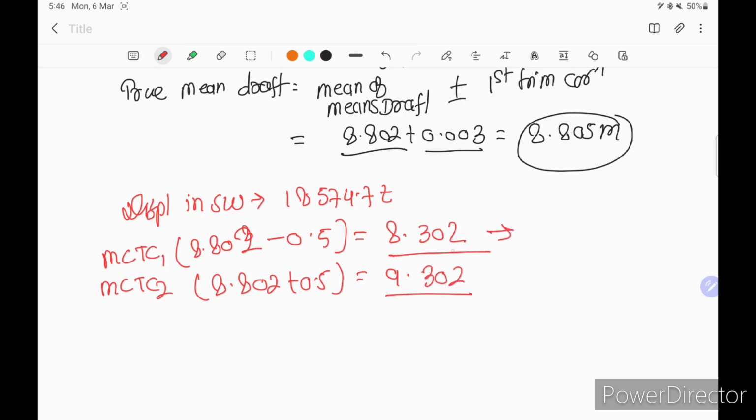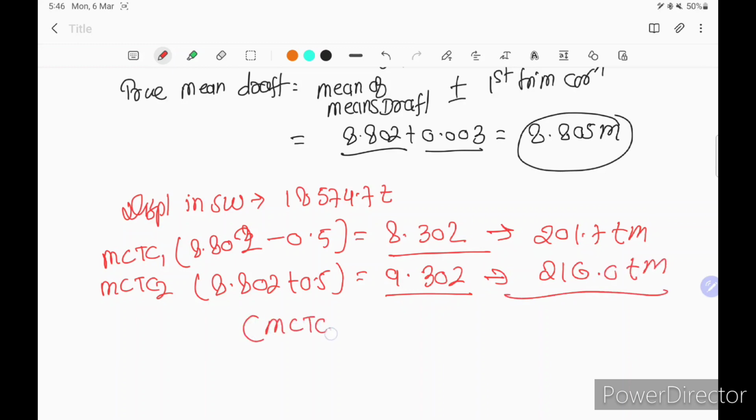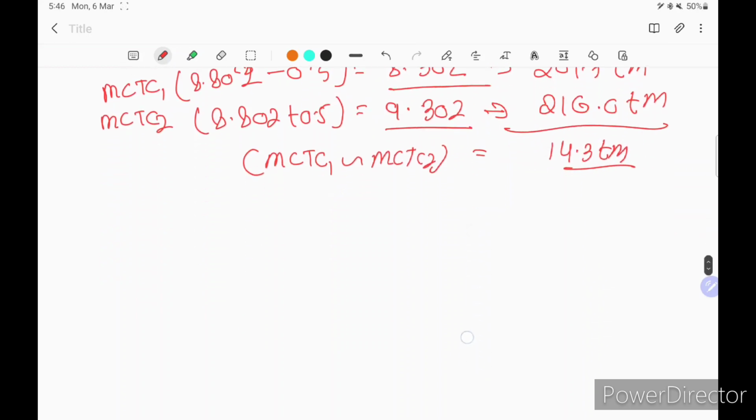We get the values like this. Put these values in the Hinchip particulars, and you will get the difference between MCTC1 and MCTC2. Understood this much?